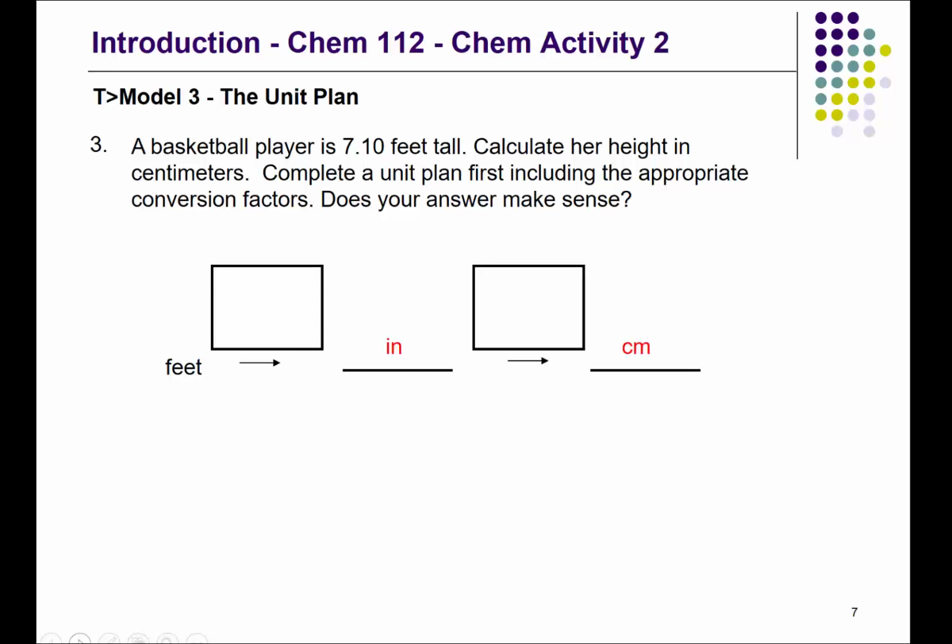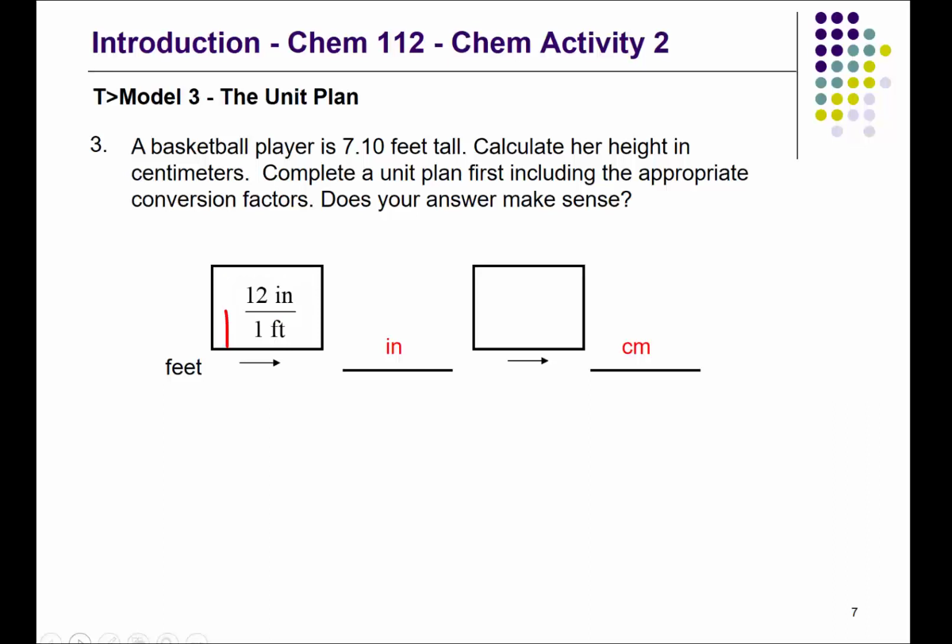I may not know how to do this directly, but I do know how to convert feet to inches, and I know how to convert inches to centimeters. I'll make a unit plan that guides us from feet to inches and inches to centimeters. Across each arrow, of course, will be the conversion factor. In the case of feet to inches, we know that it's 12 inches per 1 foot. I put in the numerator the desired unit.